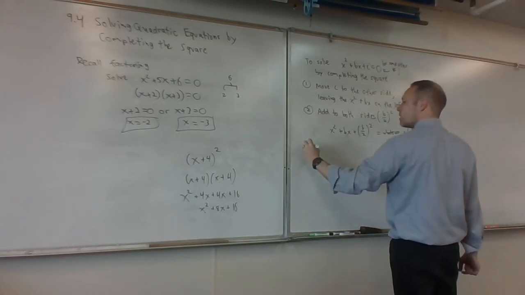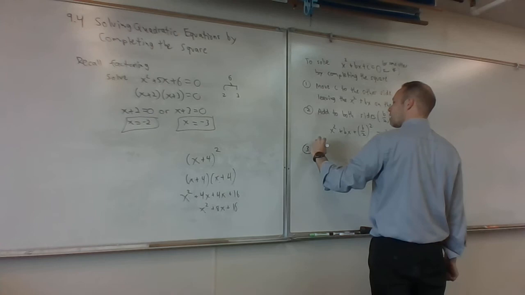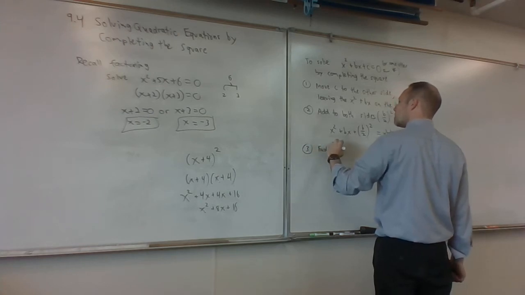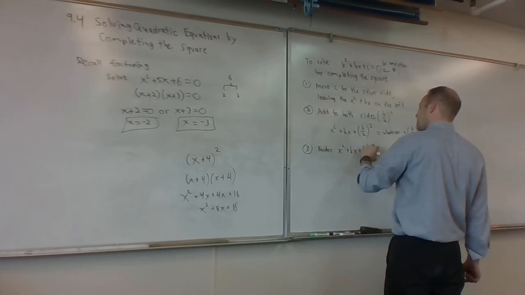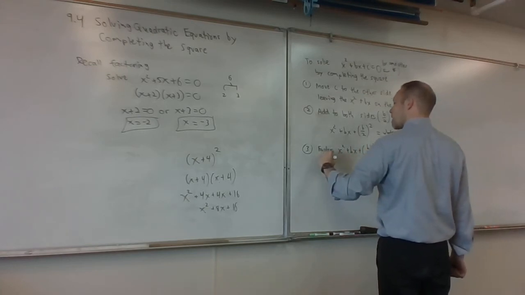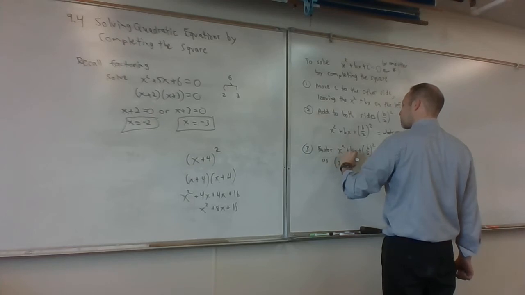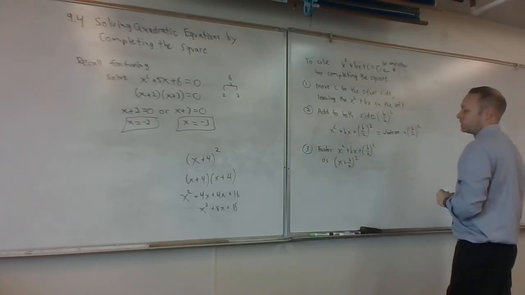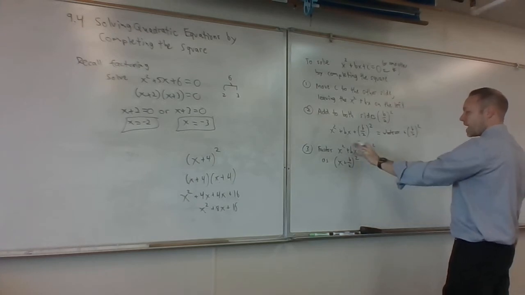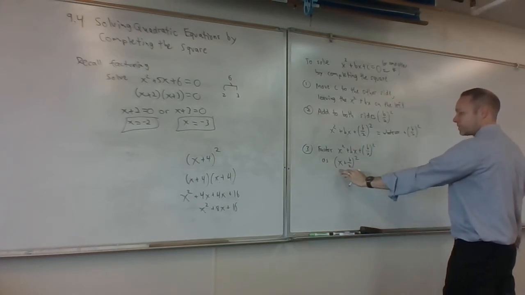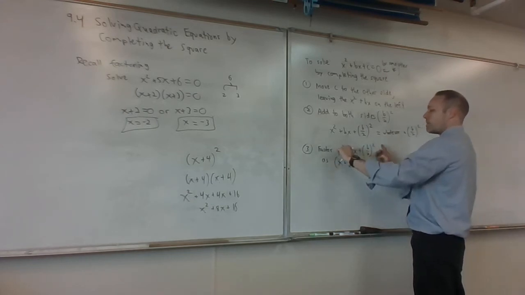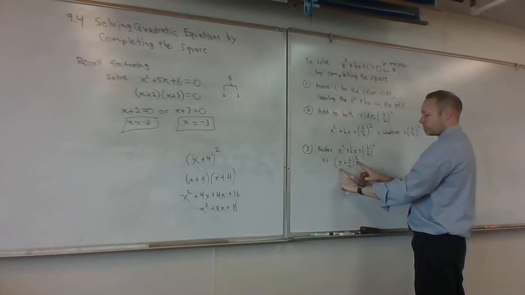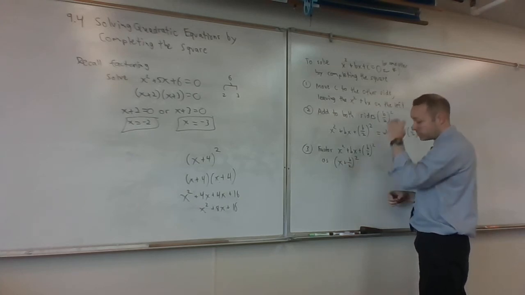Okay, so then what we do is factor x squared plus bx plus b over 2 squared as x plus b over 2 squared. This left-hand side is going to become that, because we created the right pattern to factor this as one binomial squared.